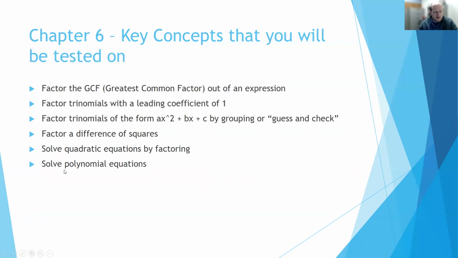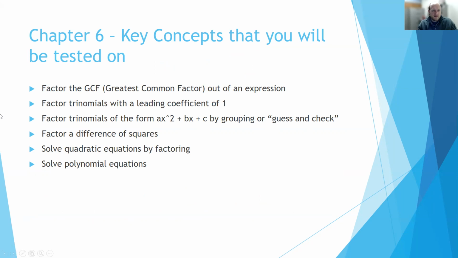All right, so what I'm going to do here is go through some key concepts that you'll be tested on for the final for each chapter. When I list these concepts out, you will have a question on all of the concepts that I list. I might not go over problems from each of these concepts, but you will have a question on them.